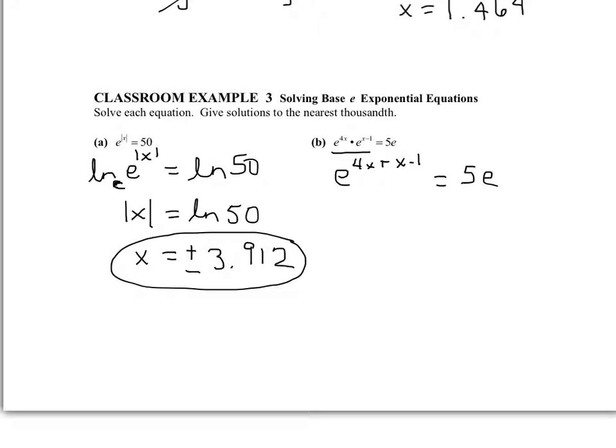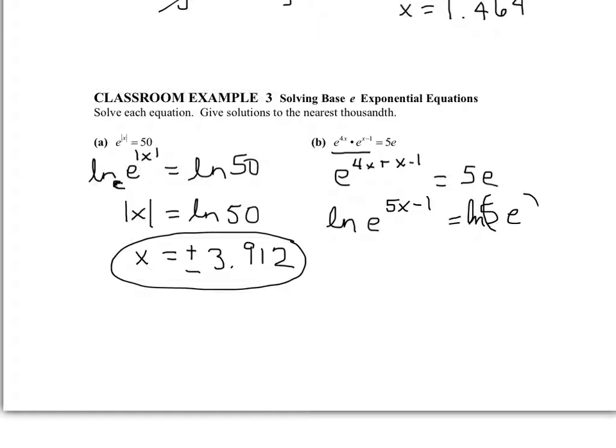Now that I have something raised to a power on the left equal to something on the right, I'm ready to take the logarithm, and again, because it is base e, I want to take the natural log. And if I add together those exponents, we will have the natural log of e to the 5x minus 1 power on the left is equal to the natural log of 5e on the right, but be very careful.